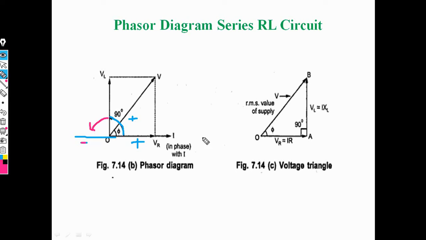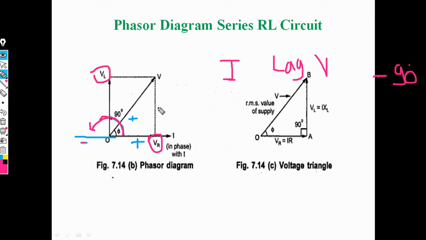It is a minus sign. Current I is lagged by voltage 90 degree. Lag means minus sign.